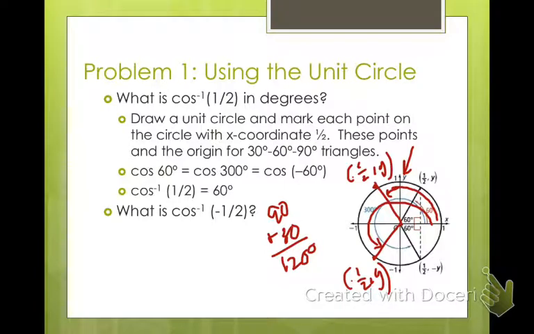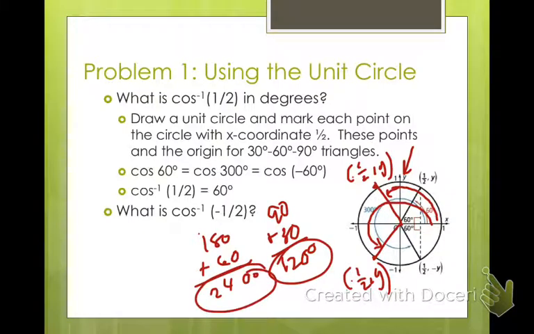And then this is 180 plus another 60 degrees, that's 240. So those are 120 degrees or 240 degrees. If you went in the negative direction, that'd be negative 120 degrees, which is another measure. All are good.